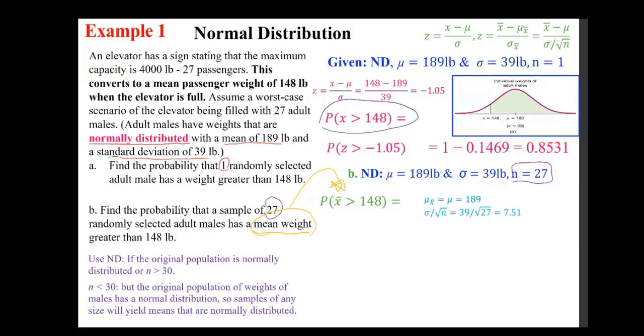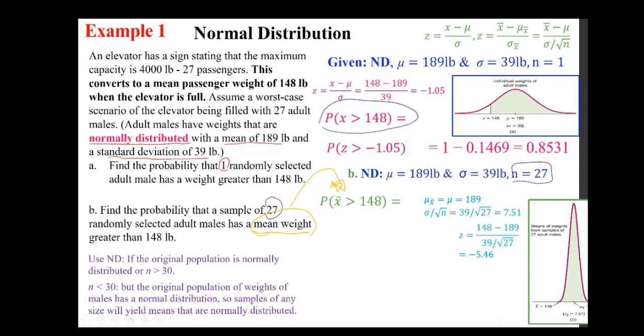So mu of x bar is mu, sigma of x bar is sigma over square root of n, 39 over square root of 27, which is 7.51. This is as far as the graph is concerned. And we end up with this situation, meaning the probability of a z larger than negative 5.46. Again, I would not graph what we see at the bottom left.